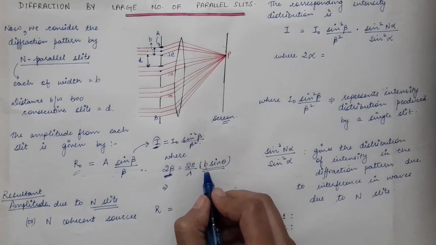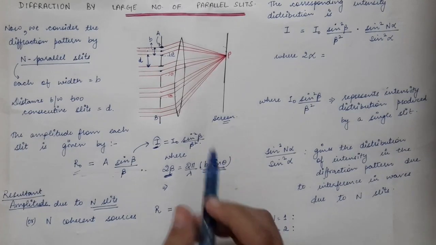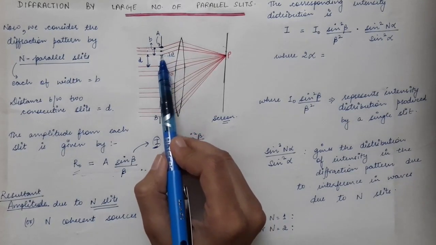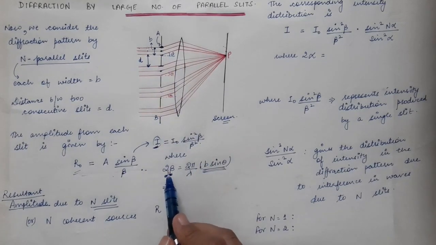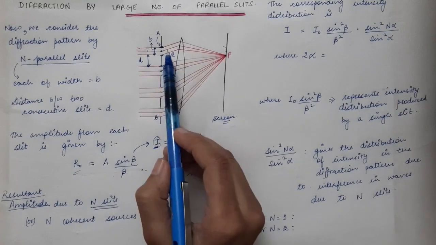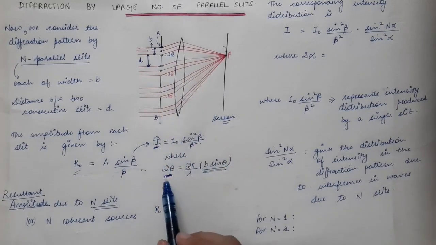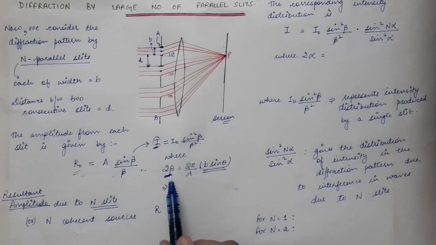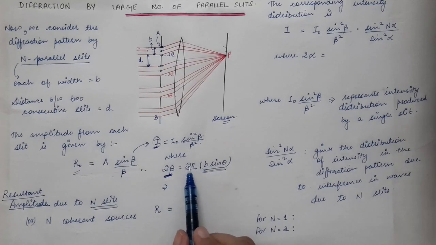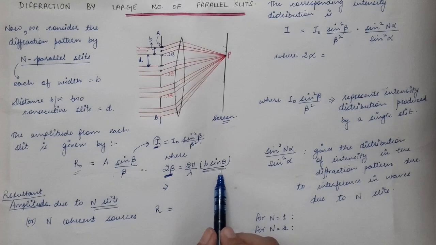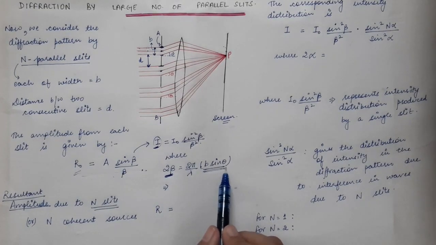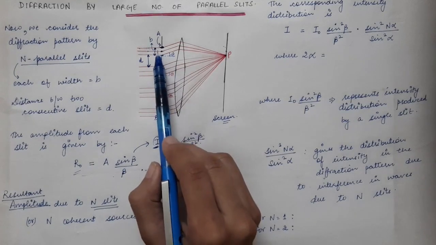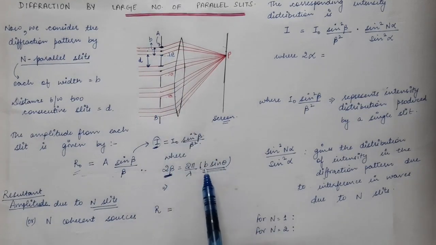So the path difference b sine theta is the path difference between the two light rays coming from the two ends of the same slit, and twice of beta is the corresponding phase difference. So phase difference is always equal to 2 pi by lambda into the path difference. Over here the phase difference is twice of beta, and the path difference in the case of diffraction at a single slit is equal to b sine theta.